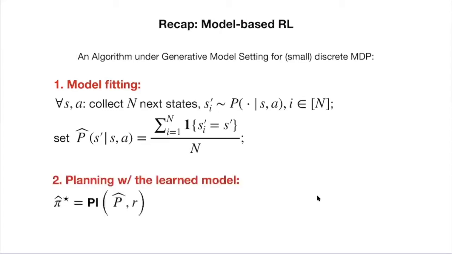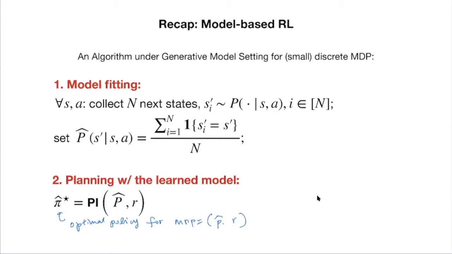And now let's just do policy iteration on this model, right? And then we get a policy pi hat. Now again, pi hat, this is the optimal policy for the MDP with P hat and R, right?